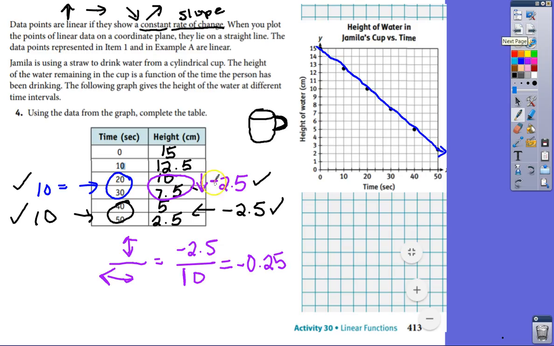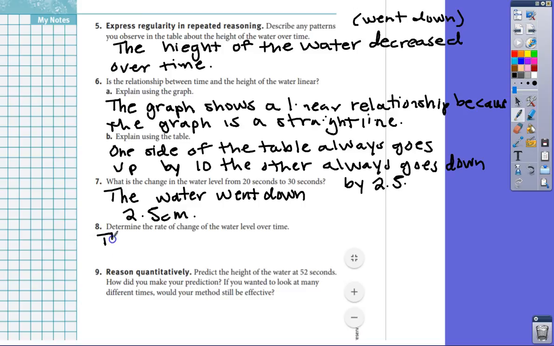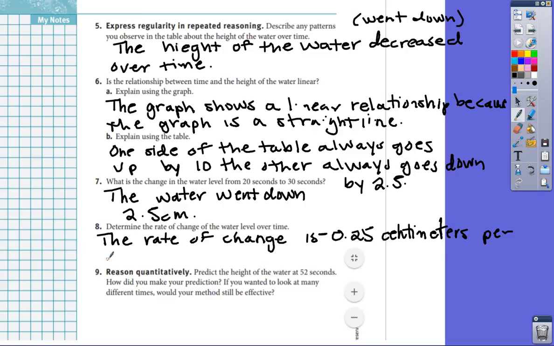We already did that, okay, right here. So the rate of change is 0.25, negative 0.25, because it goes down, centimeters per minute. Oh, sorry, seconds.